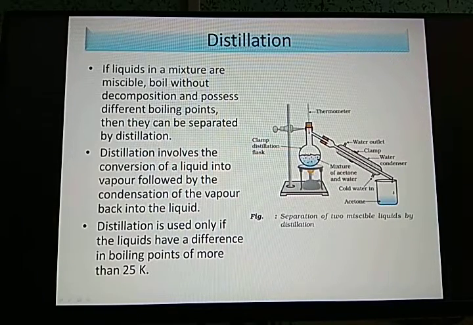So what will happen is that as soon as the vapors pass through this chamber, due to the presence of cold water, it will condense. So this chamber is also known as water condenser. So it will condense the vapors and convert them back to the liquid state. So whatever product we get will be the liquid acetone. So in this way we can separate out the acetone from the water. Clear?